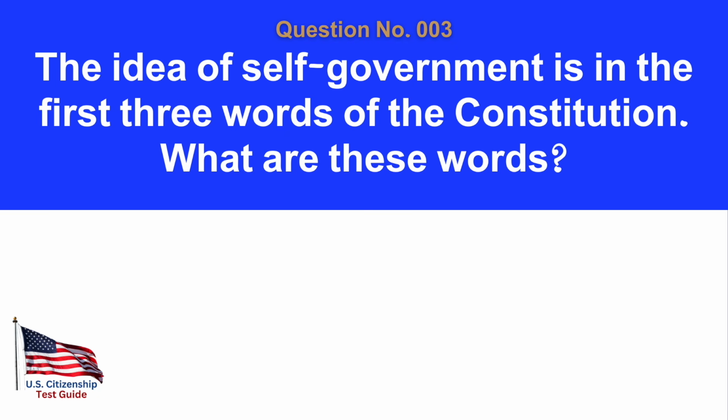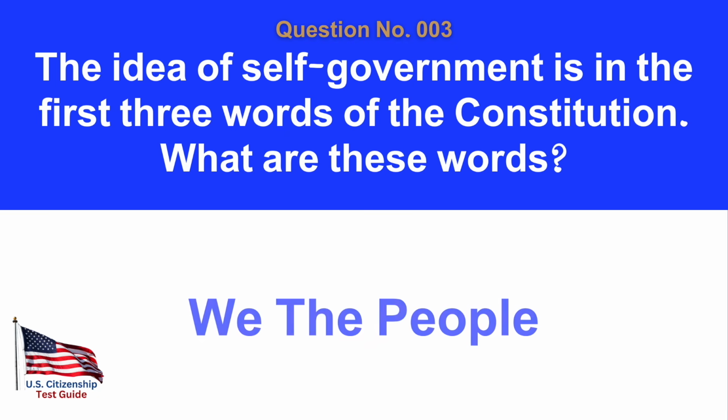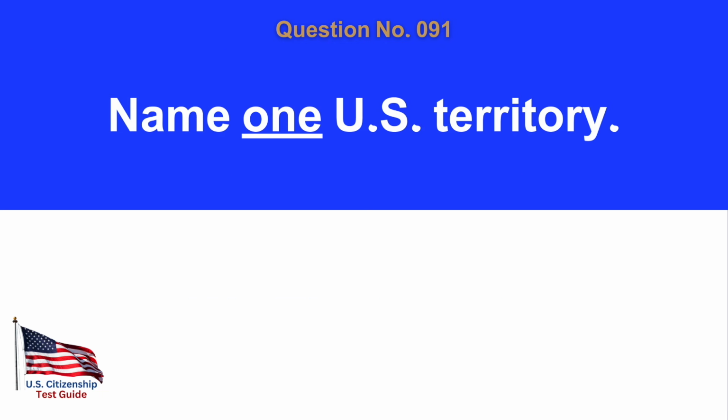The idea of self-government is in the first 3 words of the Constitution. What are these words? We the people. Name one U.S. territory.